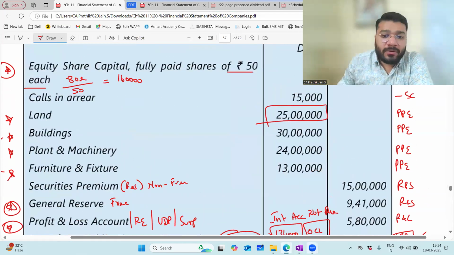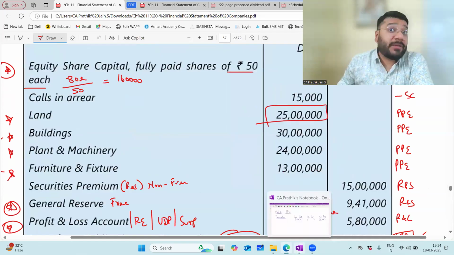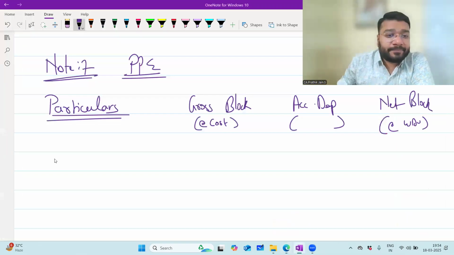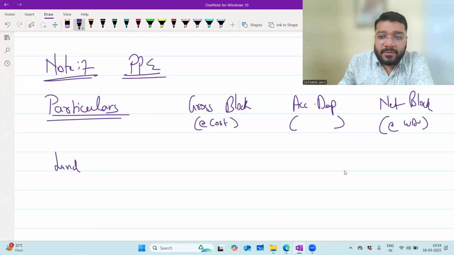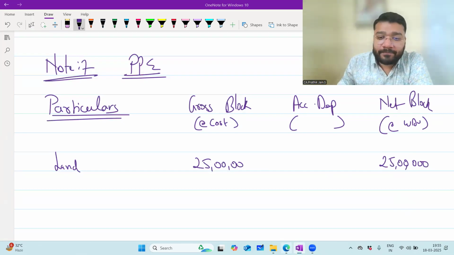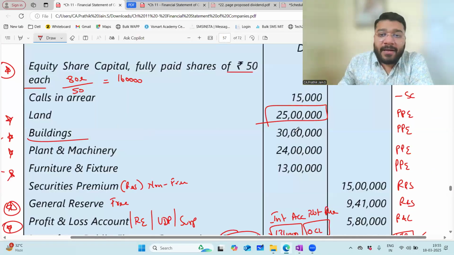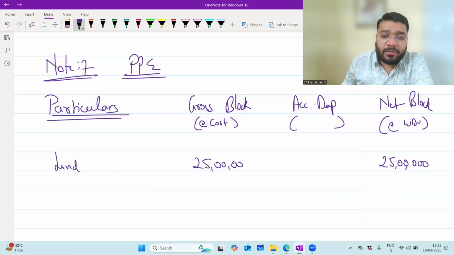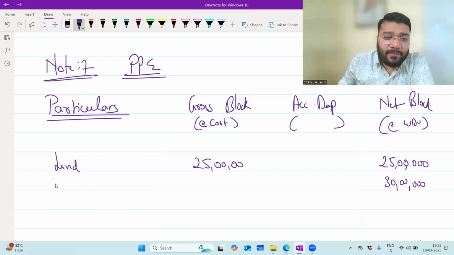Land. The one which I'm taking from the trial balance should be the net block. So land net block is 25 lakh rupees. Gross also will be the same, 25 lakh rupees only. Building, 30 lakh rupees net block.